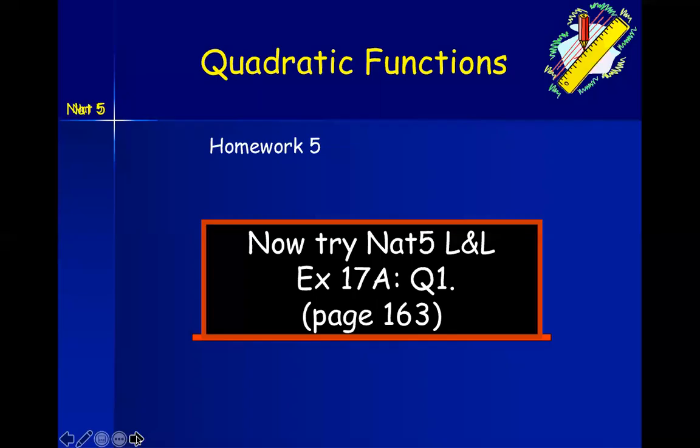Okay. Now for your last homework, this is us touching now chapter 17. So question 1, page 163.